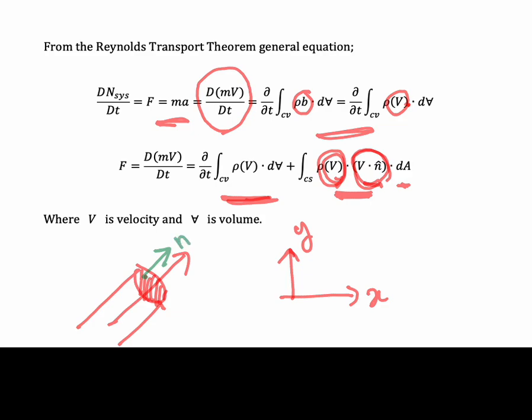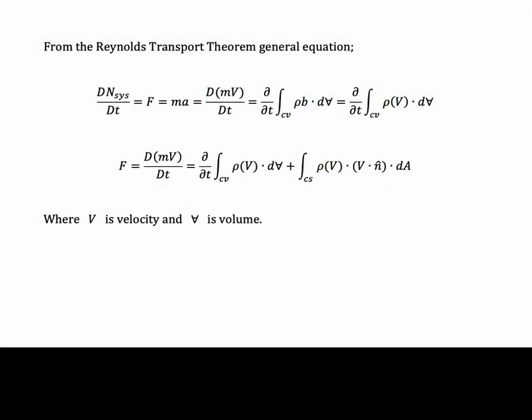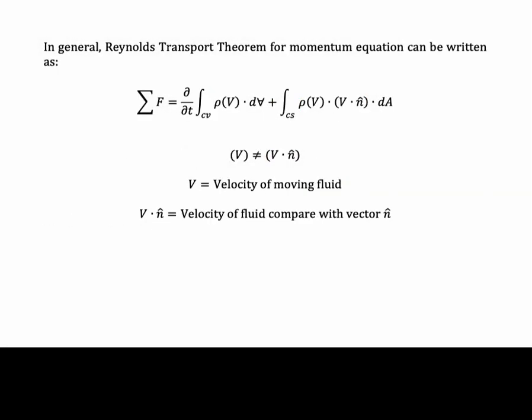So the value of Vn here will become positive v. However, for the velocity in the x direction here, you need to use trigonometry to calculate the velocity in the x direction. So this is the difference between v and Vn. What you need to know is that v and Vn are not the same.